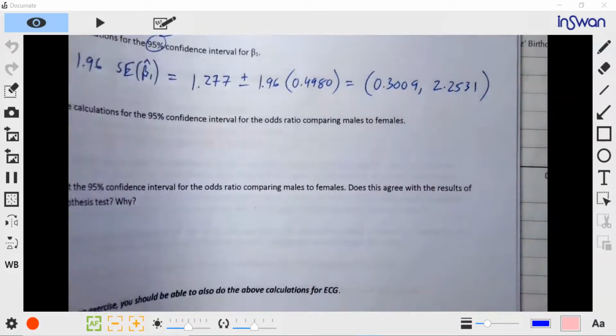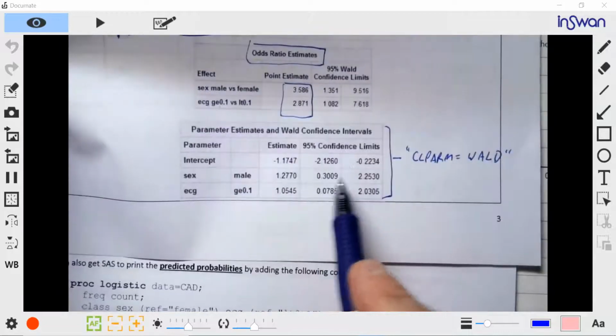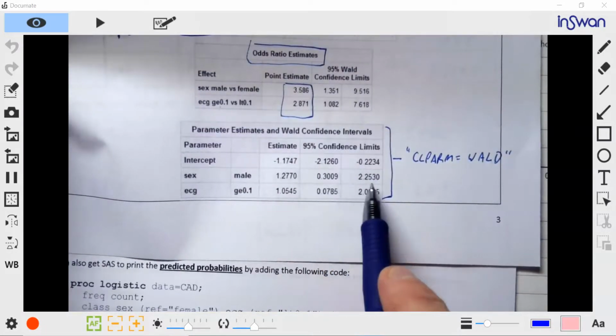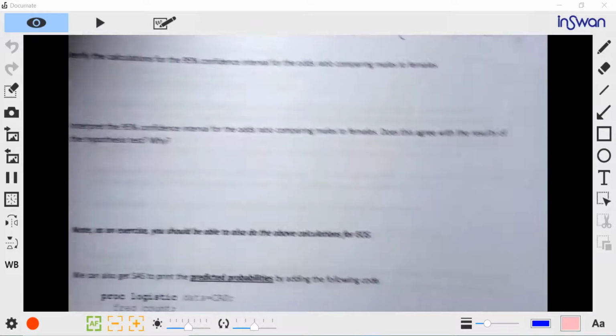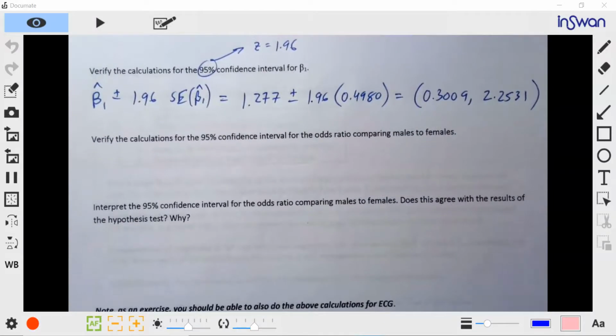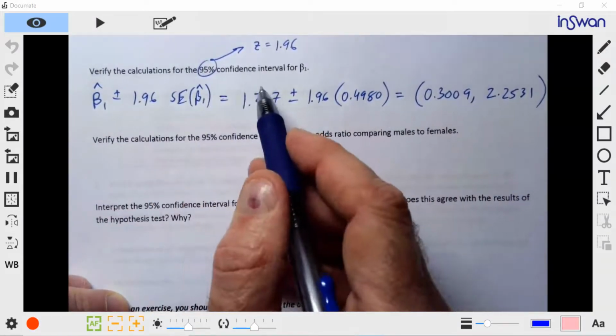Okay. And lo and behold, SAS gives 0.3009 to 2.2530, so a little bit of rounding there. So this verified the calculation for the 95% confidence interval for beta 1.